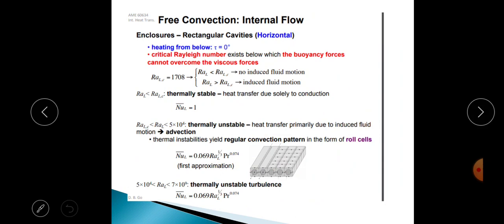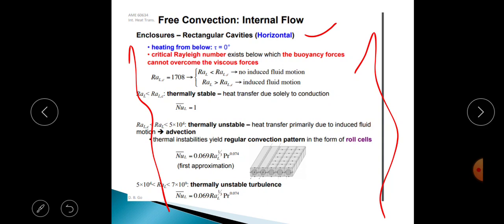Free convection for internal flow, enclosures and rectangular cavities. Actually these topics were not there in our part, but I have included these, so you can just go through this. So this is the correlation which we will get.